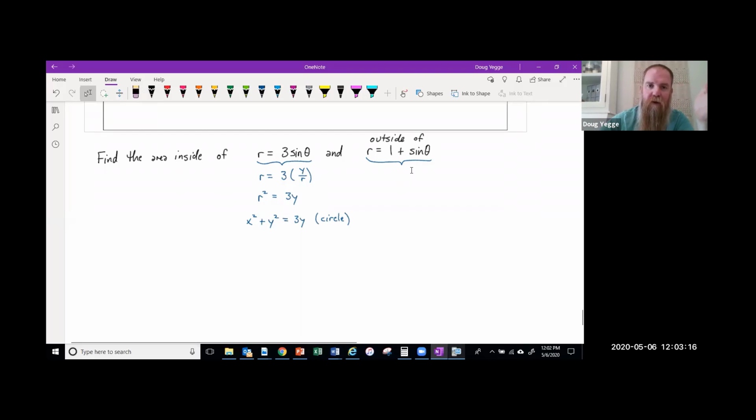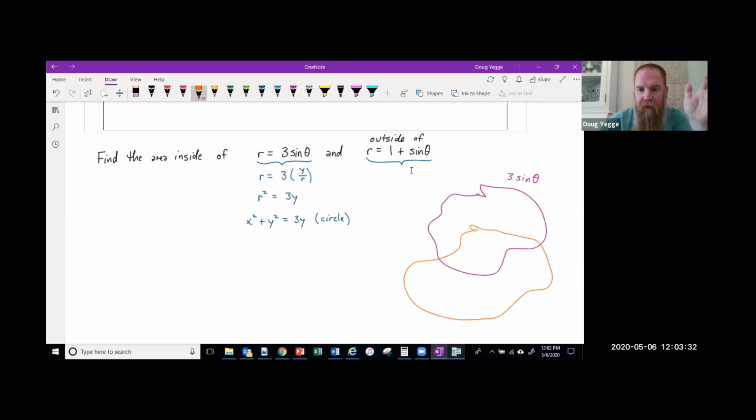Now let's say that we have no idea what these shapes look like. It can help to graph them, but let's just say there's r equals 3 sine theta, and then this is going to intersect somewhere else, and this is going to be something like this, and that's going to be 1 plus sine theta. If I'm saying inside of 3 plus sine theta, but outside of the orange one, then that would mean that the region I'm referring to is all of this stuff.